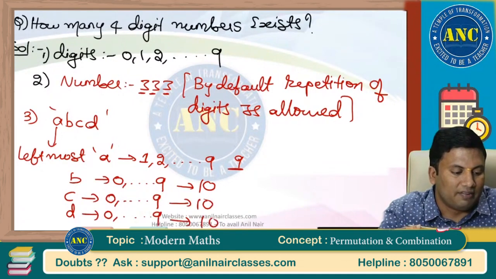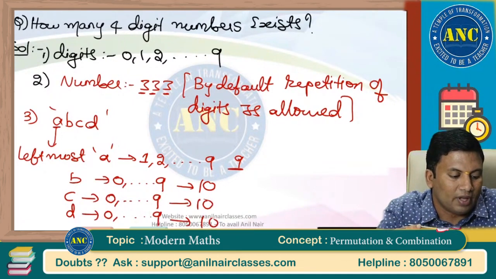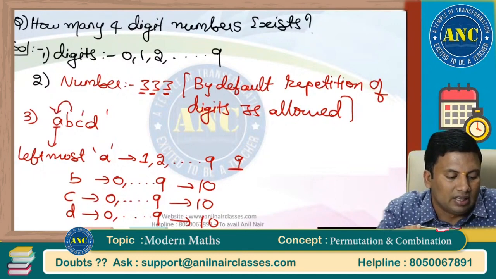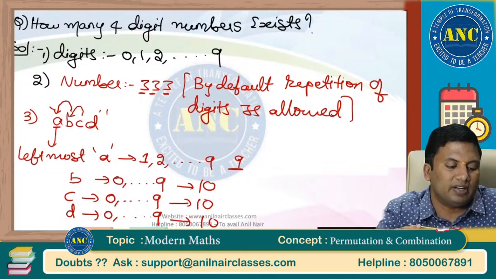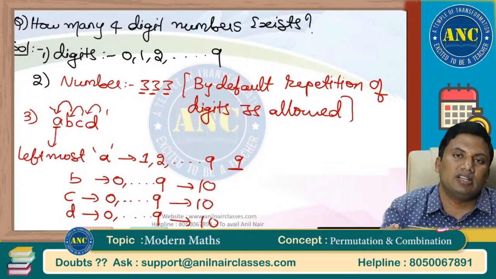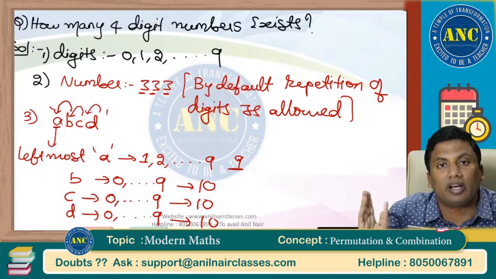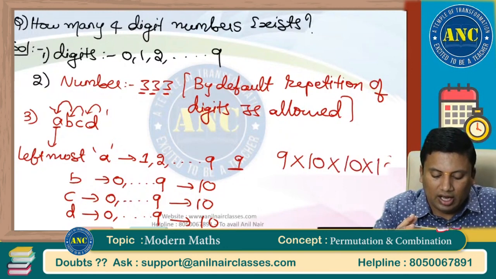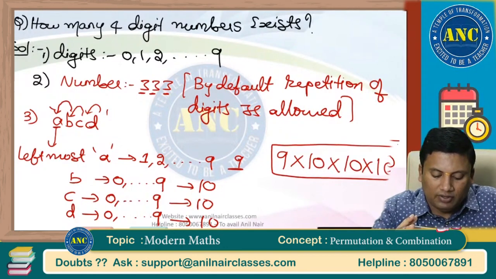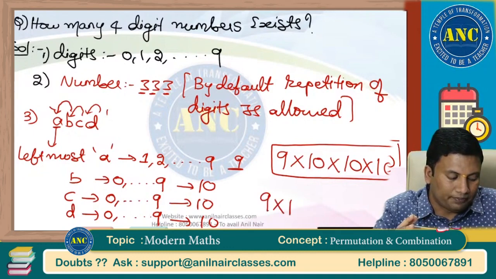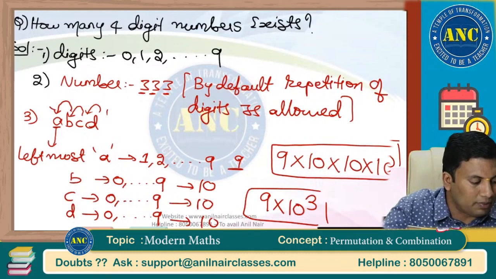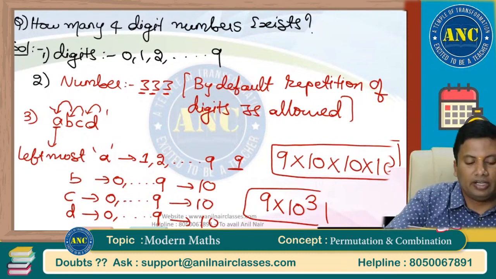First I am arranging A, then arranging B. One event is following another event. Serial processing, so it is the fundamental principle of multiplication. 9 into 10 into 10 into 10, which is 9 into 10 cube.